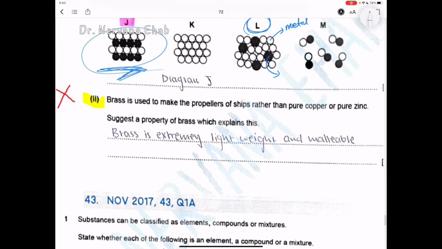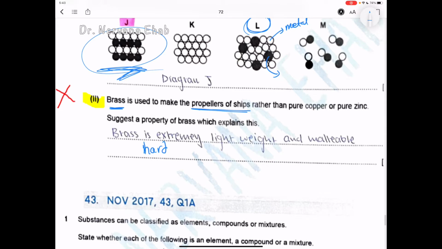The question here says brass is used to make the propellers of ships rather than pure copper or pure zinc. And it wants to ask what property of brass explains this. Why do we use brass to make propellers of ships? The reason is that brass is hard. Any alloy is harder than the pure metal.